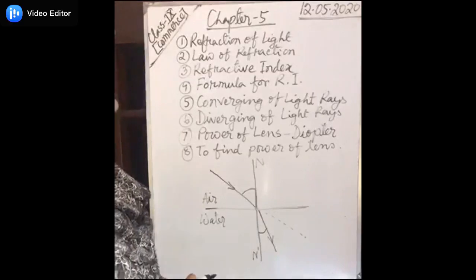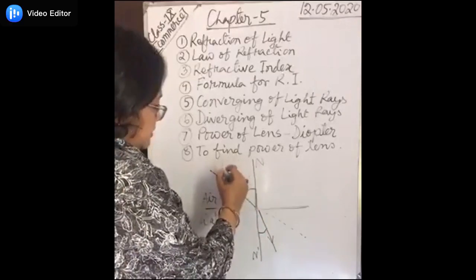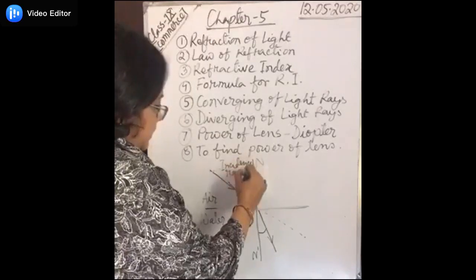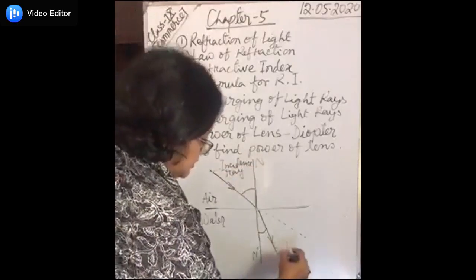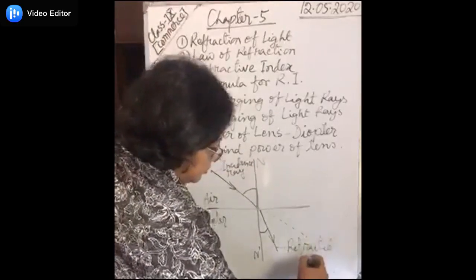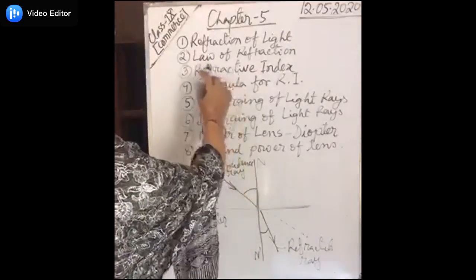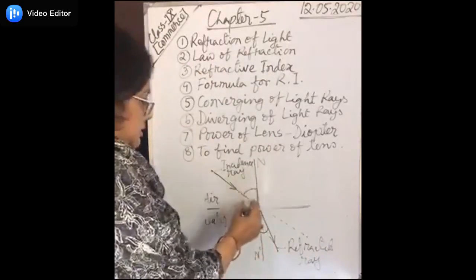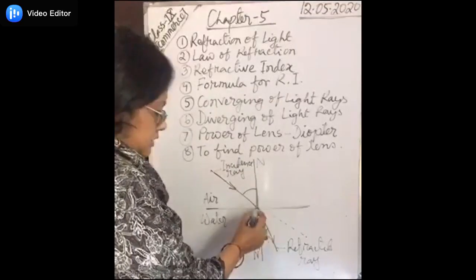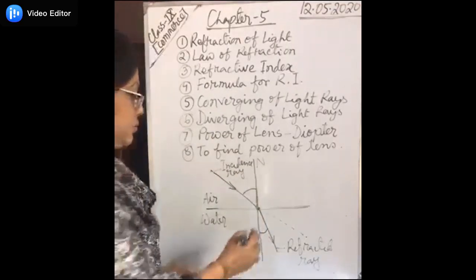Now come to the next one, the law of refraction. Look here, what is the name of this light? Incidence ray. This one is the refracted ray. We are talking about the law of refraction, and here the incident ray, refracted ray, and normal, that means the perpendicular, are all at the point of incidence.